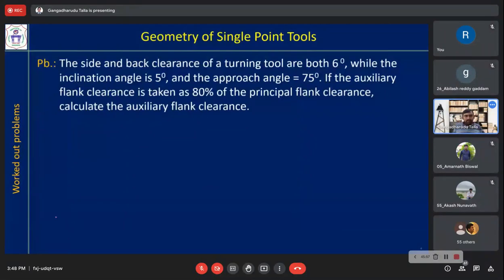Similarly, please respond here at least. Then we understand that you could solve these problems. The side and back clearance of a turning tool are both 6 degree. Now, what is side and back clearance? How will you represent side clearance angle?